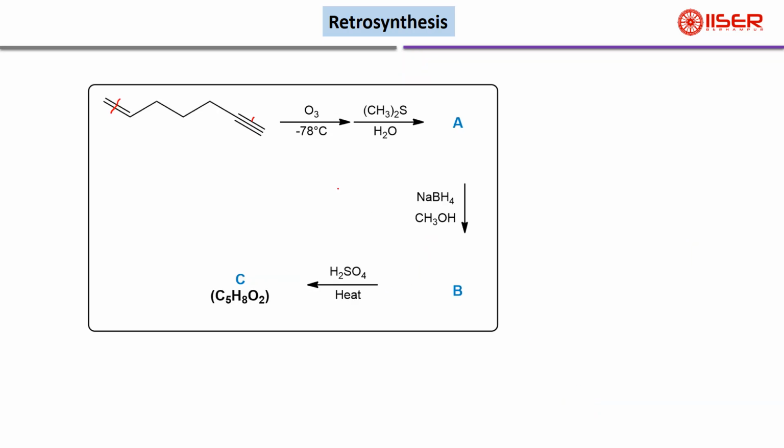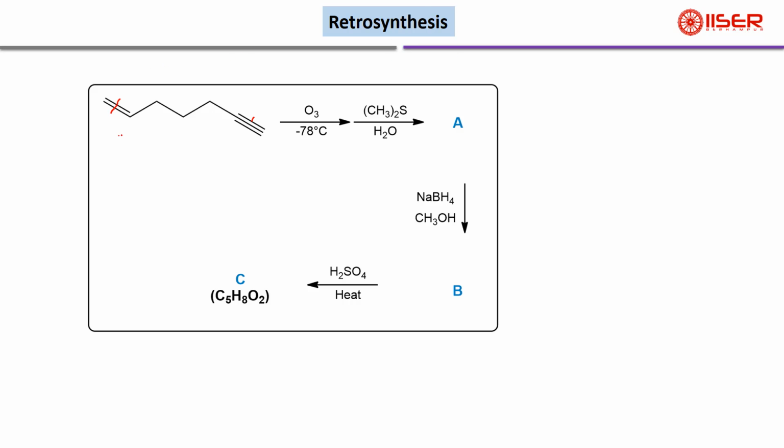Okay, for this one, if you undergo epoxidation, ozonolysis reaction. Now the ozonolysis reaction is in the presence of Me2S. So ozonolysis is of two types. One is under oxidative condition, another is under neutral condition. So if you add Me2S, it's under neutral conditions, it will not undergo further oxidation.